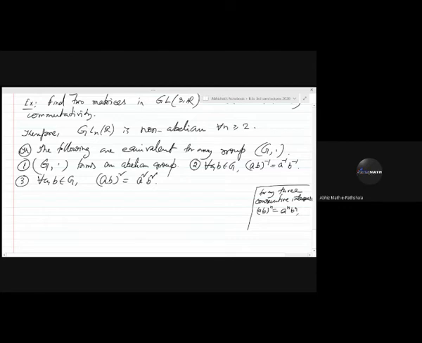For any three consecutive integers, suppose n minus 1, n and n plus 1.